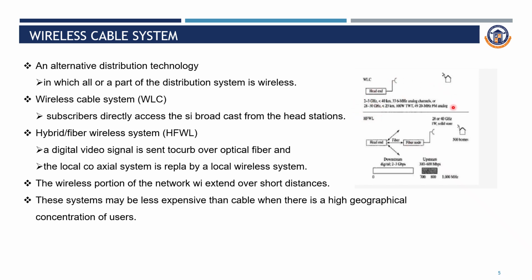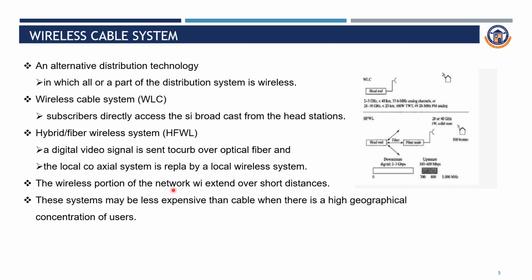These specify the range of the wireless systems: 2 GHz to 3 GHz for 40 km, 33 to 6 MHz channels for 25 kilometers, and so on. Based on this distance, the number of channels and the occupied frequency will vary.